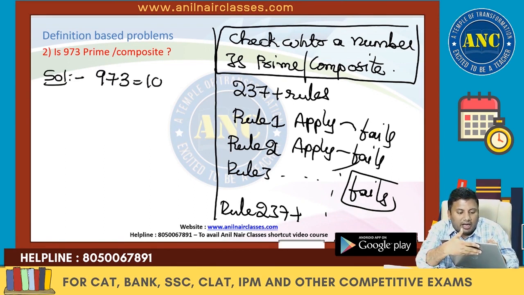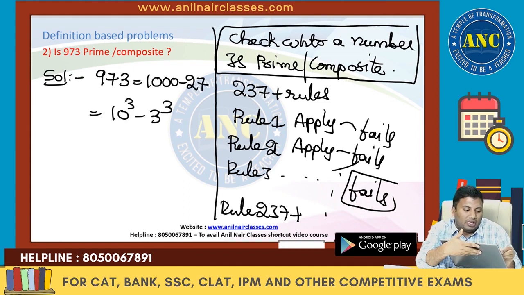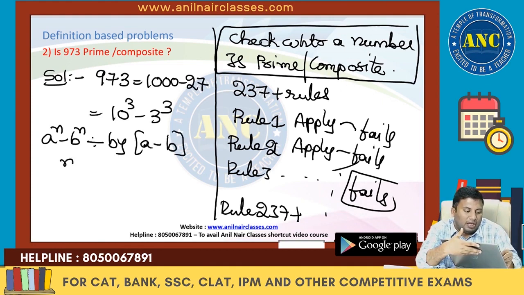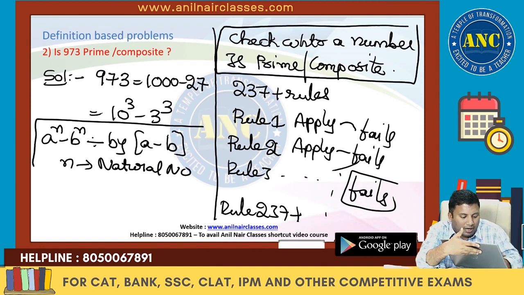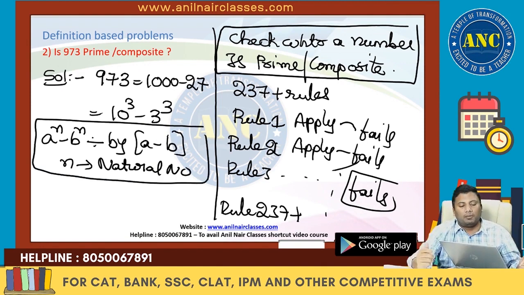973 can be written as 1000 minus 27. 1000 is 10 power 3. 27 is 3 power 3. Just now in the previous class we discussed that a power n minus b power n is divisible by a minus b if n is a natural number.